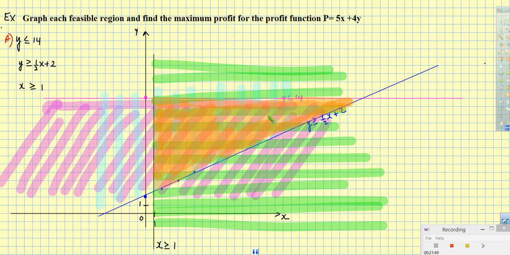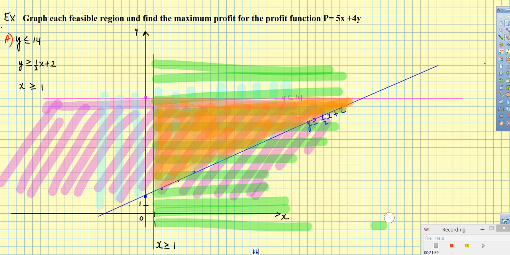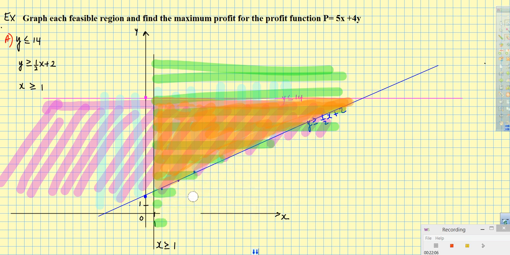Alright, now given this information, we know where the shaded area is. We're going to look for our corner points. Okay, so I'm just going to get rid of some of this extra color all around because it's just making more of a problem right now for us than we need.